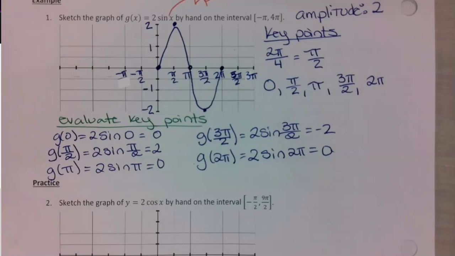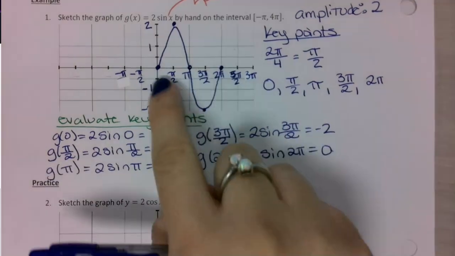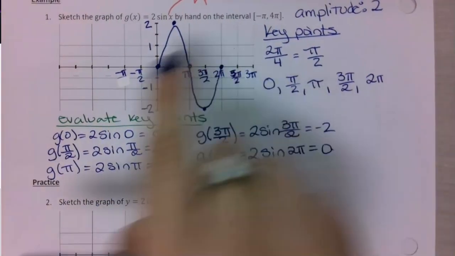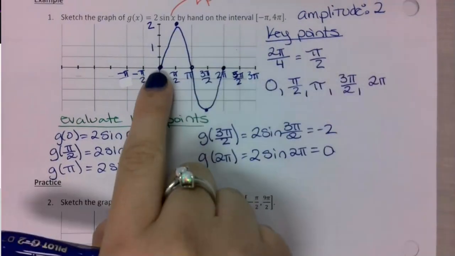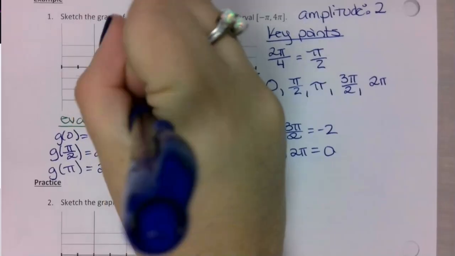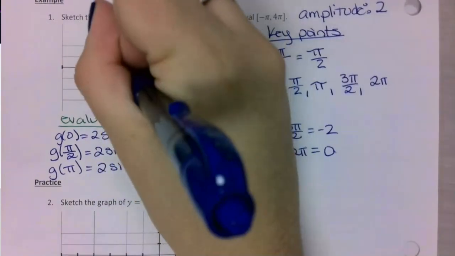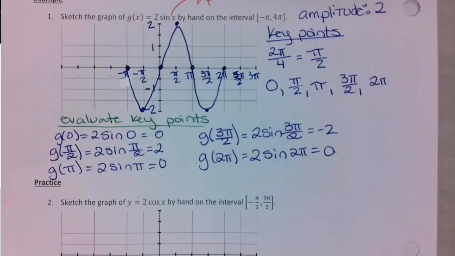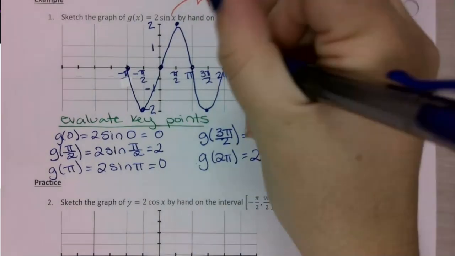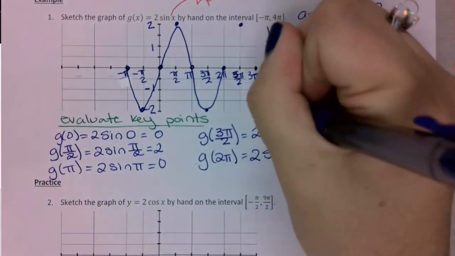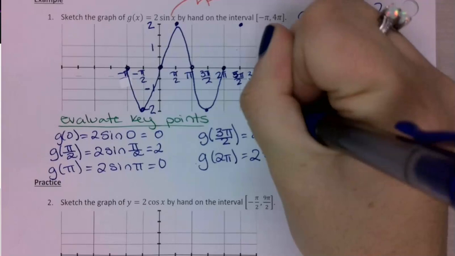Since I have one complete cycle, because it goes up and down, I can just copy the pattern. So after here, it should go down to negative 2, and then it should go back to 0. So like that. And then over here, it should go up, back to 0, down to negative 2, and then back to 2.